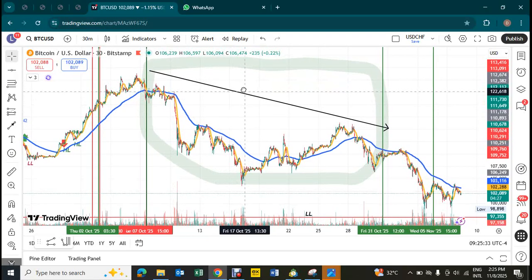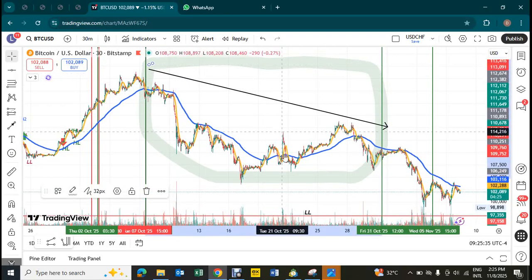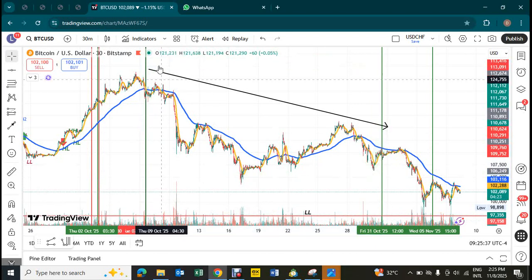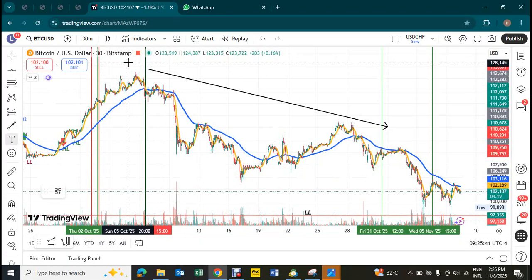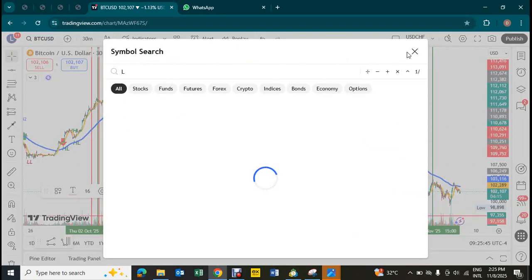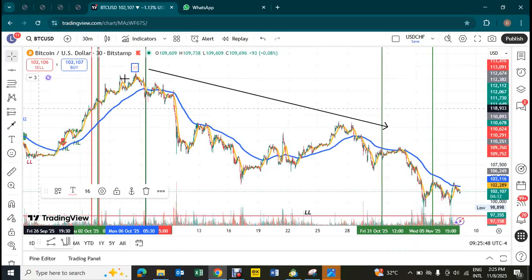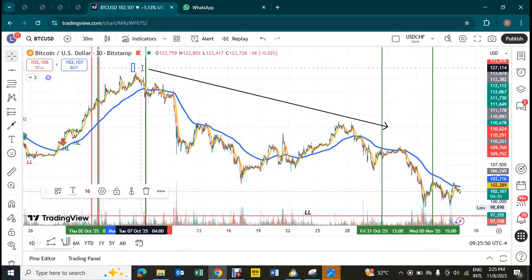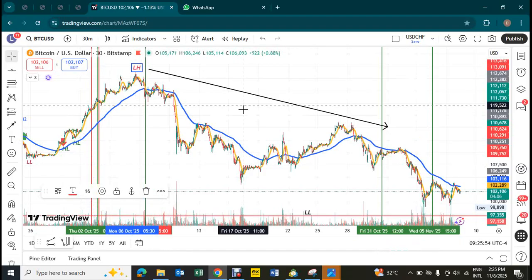Now what we're going to need to do next: by right, the first one here should be our lower high because it's the one on top. Lower high. Sorry, lower high. Let's give it red because it's red, bearish, downward.